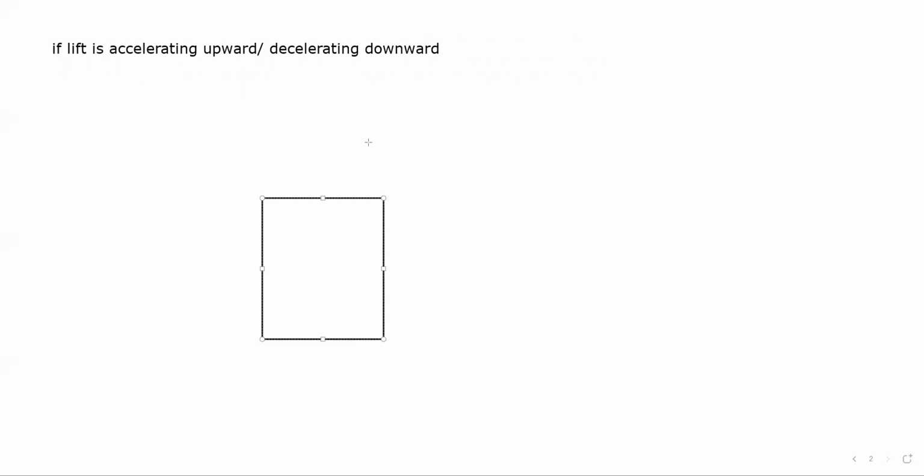A cord is there which is attached to the lift, and there's a person inside the lift. So a person is there inside the lift, and this lift is accelerating up. Accelerating up or decelerating down have the same meaning.